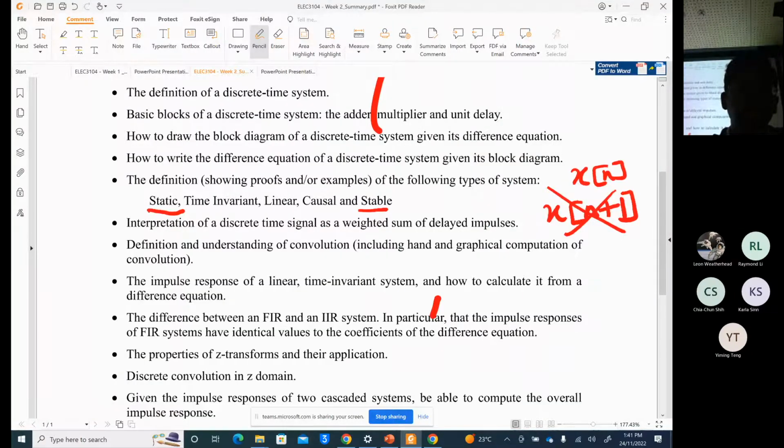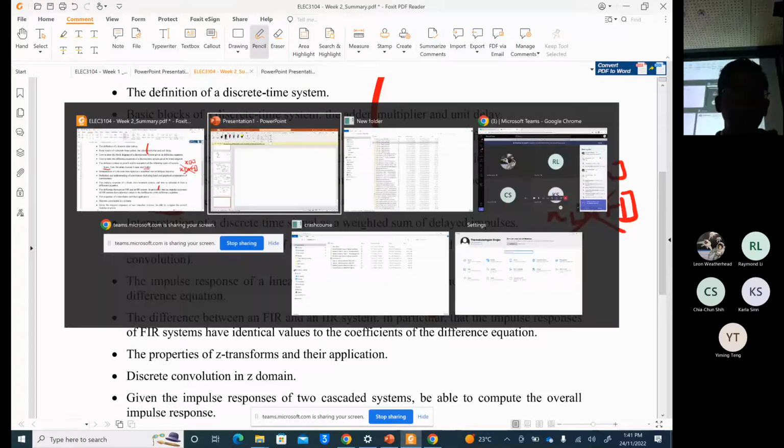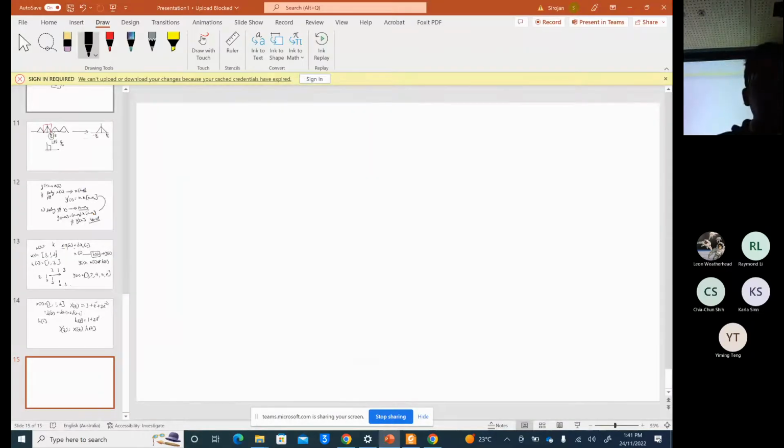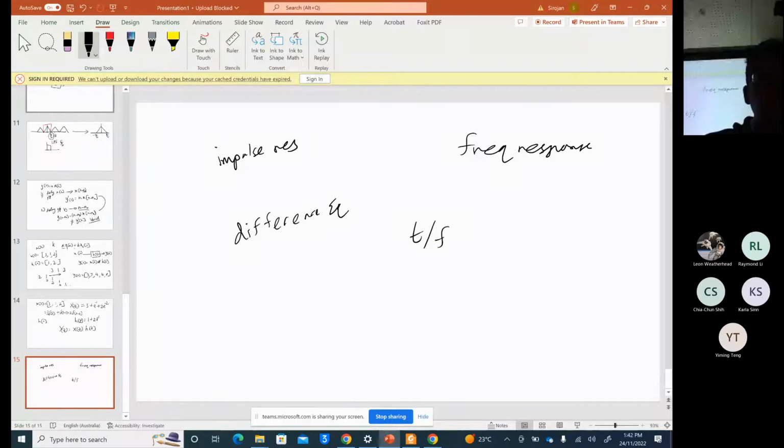Impulse response of a linear time-invariant system and how to calculate it from a difference equation. The other thing is impulse response, frequency response, difference equations, transfer function, pole zero diagram.